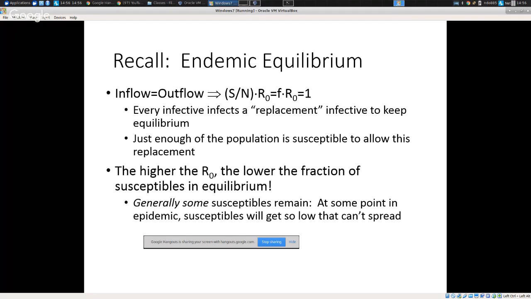We try to have few enough people susceptible that no more than a fraction 1 over R0 of them are susceptible. So we need to immunize the rest of the population.